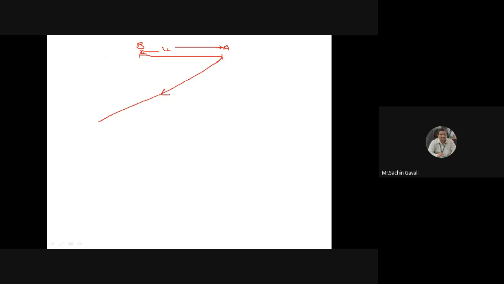This component we call V1, in some diagrams it is called C1. It is making angle alpha 1 with the tangential direction or horizontal direction. Then the relative difference between U and V1, that we call VR1.